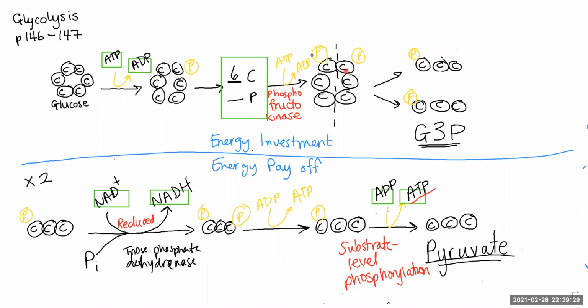But what you need to pay attention to is that the step after it is going to have a molecule of ATP hydrolyzed to ADP. So this is the step where a phosphate is added. So that means that this molecule that I have in front of me only has a single phosphate. It's one of the rearrangement reactions where there's no addition or change to the number of carbons or phosphates.